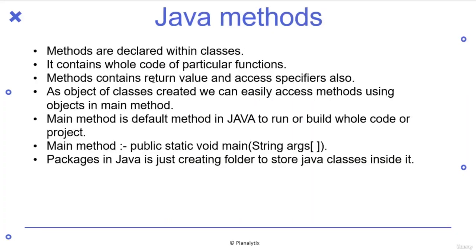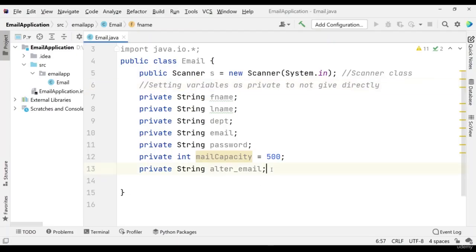Now Java methods. Why do we need methods? I will show in the IDE basically. If I want to print something in the IDE, my default method is system.out. Now you will see the error here.